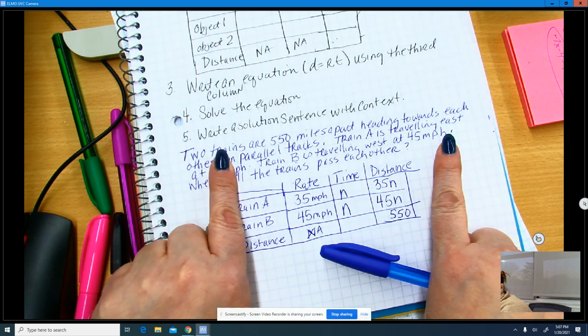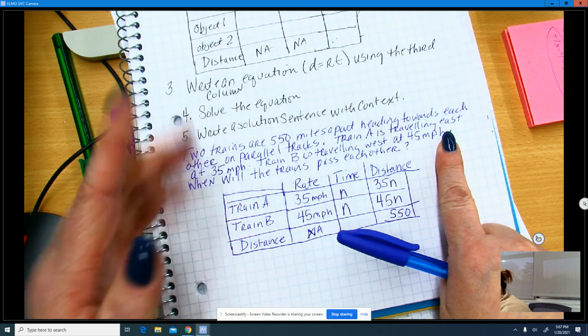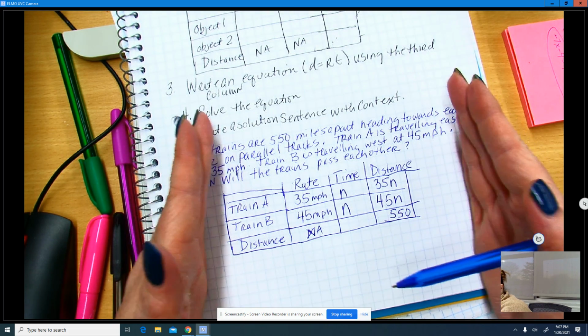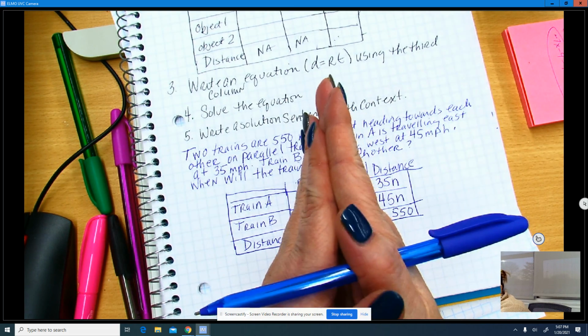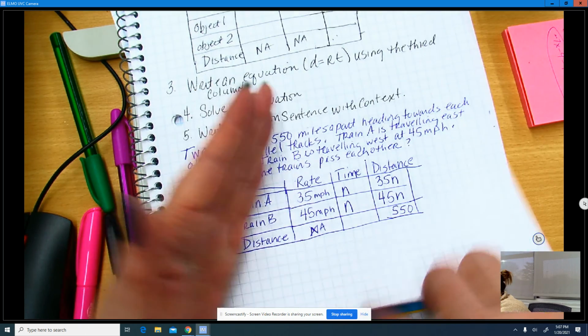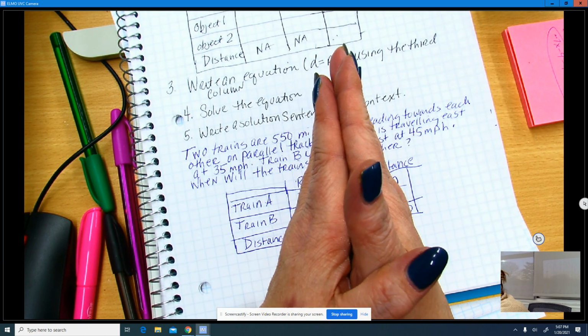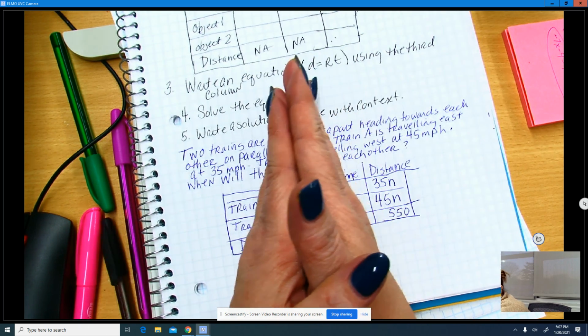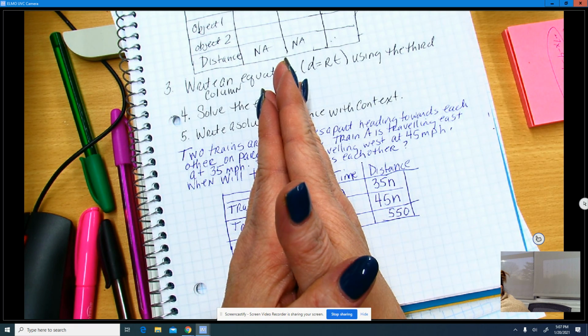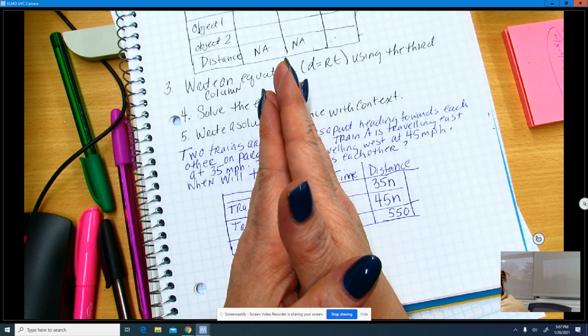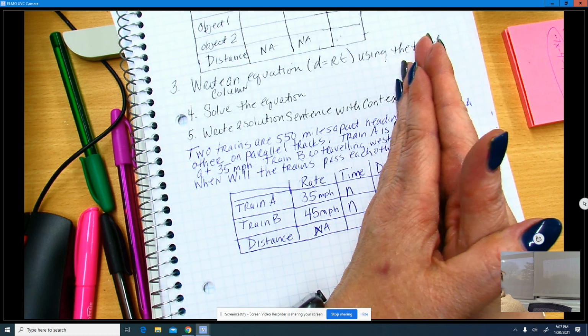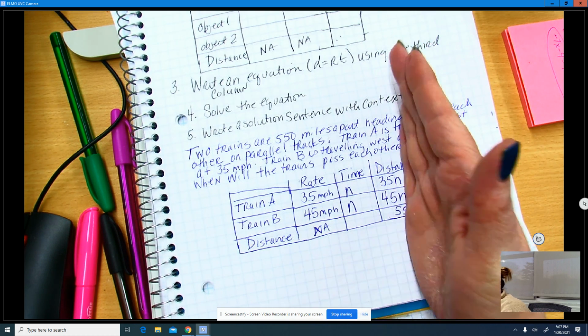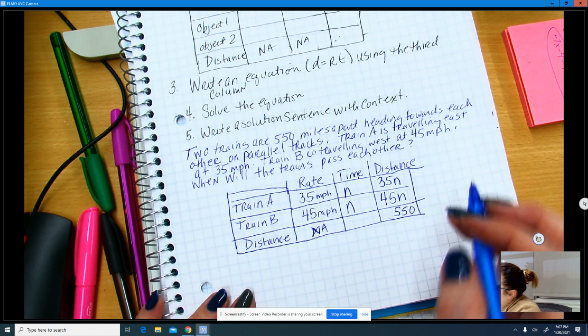So even though they're coming from two different locations, they have to cover the whole 550 miles. But they're not going to meet halfway because they're not traveling at the same speed. They're probably going to meet over here. If train A was traveling faster than B, then they would be meeting over here of the midpoint.